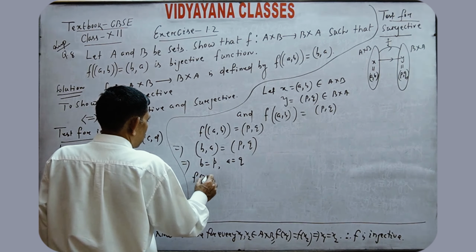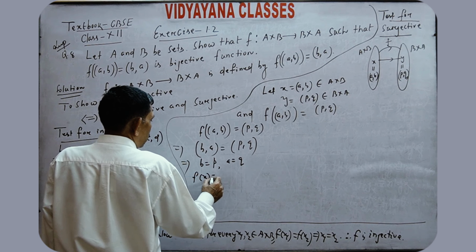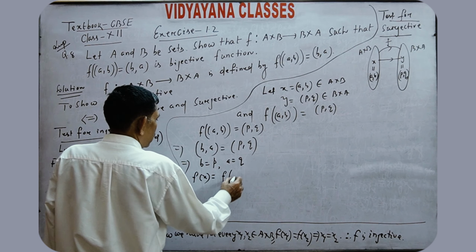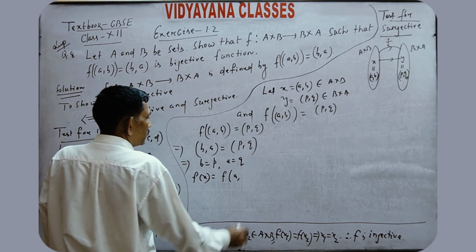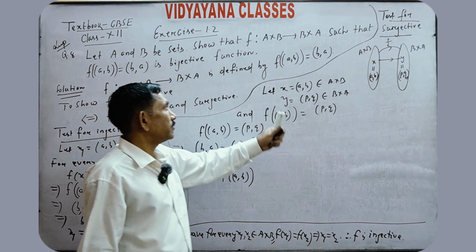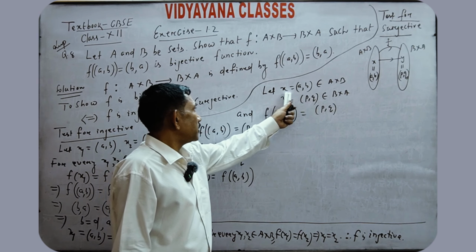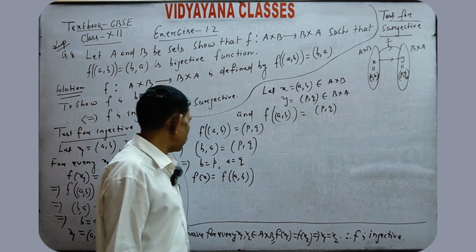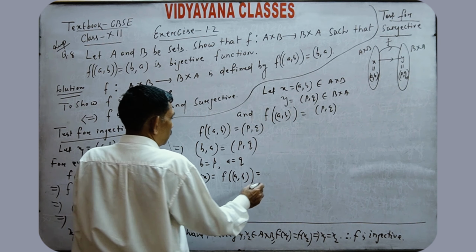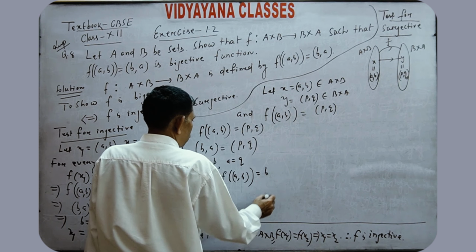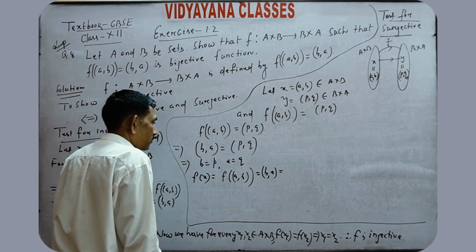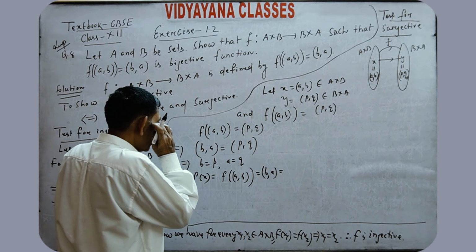F of X is equal to F of AB ordered pair. Fx means X is equal to AB ordered pair, which is equal to BA ordered pair, which is the same as, what is B?